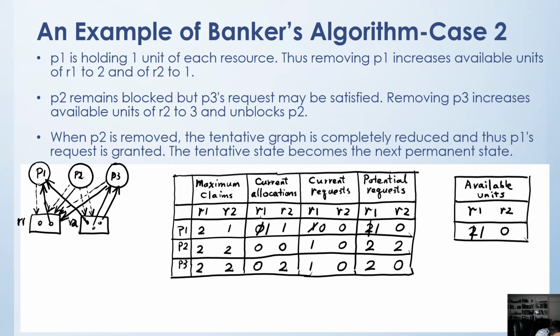So P1 can potentially finish. Now, if the second claim for P1 changed to request, and eventually that request is granted, P1 gets all the resources it needs. So now P1 can complete the job and P1 can quit. Okay. Now let's assume P1 just completes the job.